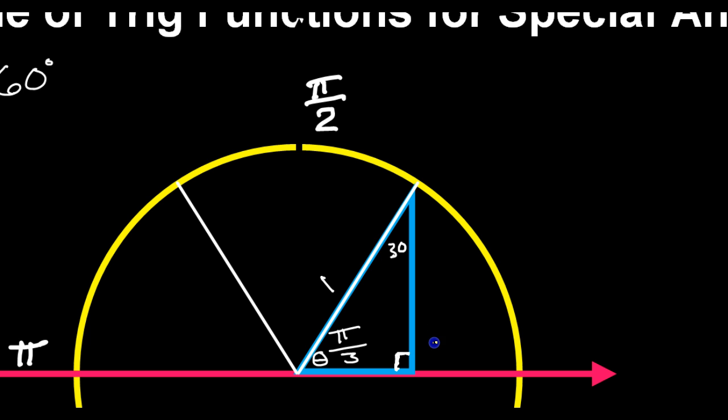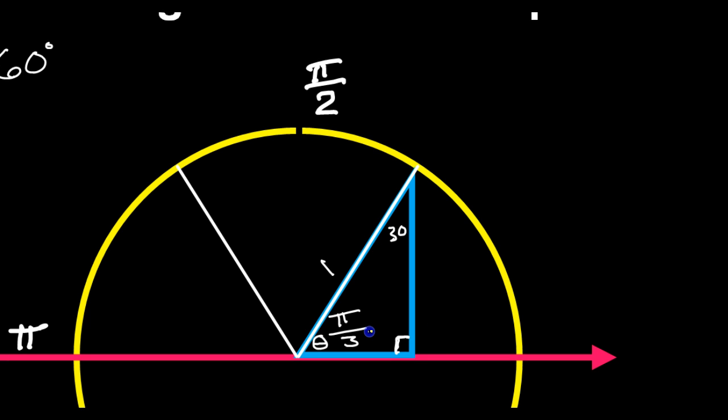Now, we already did this on the previous triangle, which was also a 30, 60, 90 triangle. So I'm not going to redo all the calculations. I'll just remind you that the short leg was 1/2. Just instead of it being vertical, now it's horizontal. The long leg came out to be radical 3 over 2. It used to be horizontal, now it's vertical.